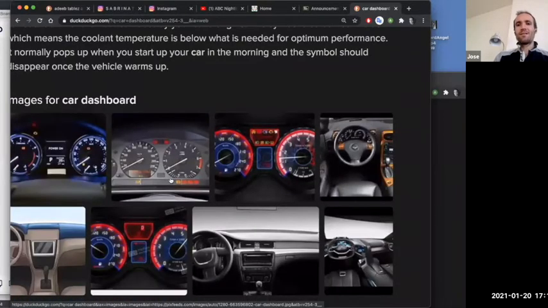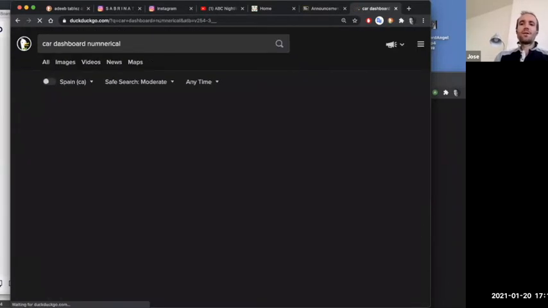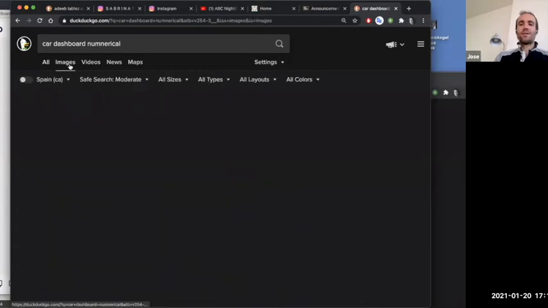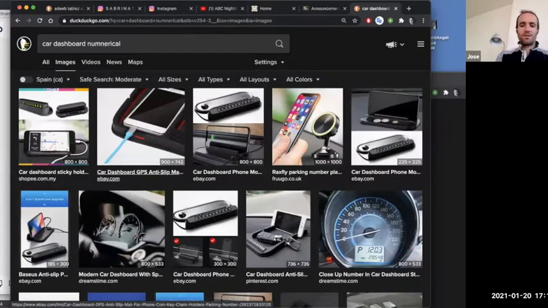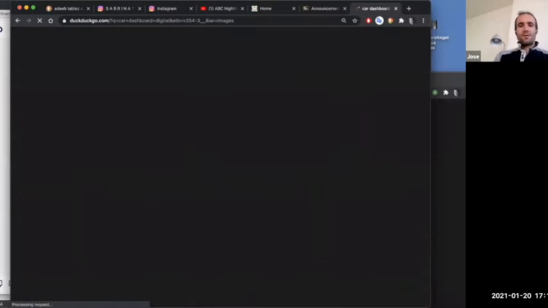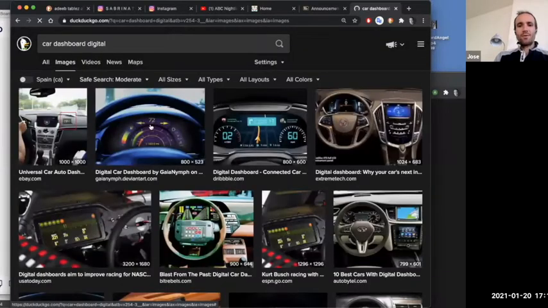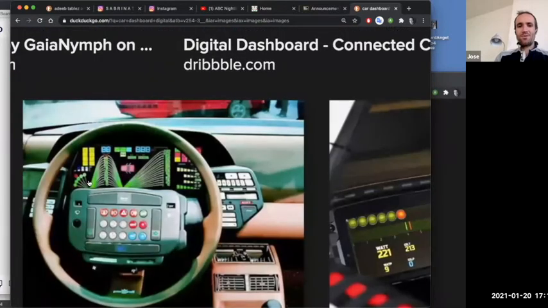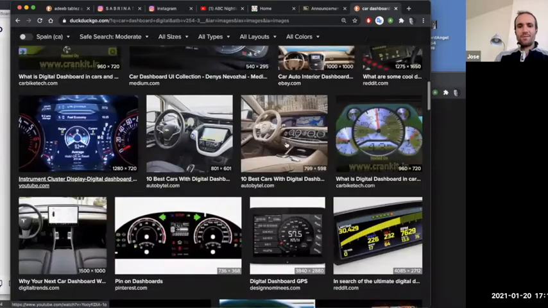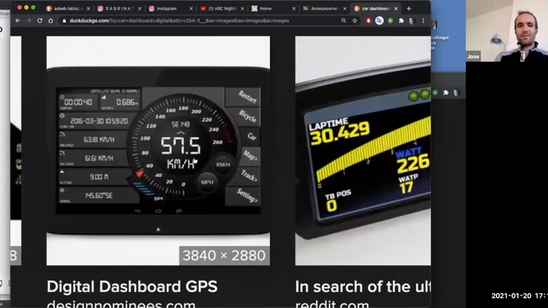But in the 1970s, for example, some brands like Toyota and Citroën experimented with innovative car displays, like digital ones, with numbers, for example.